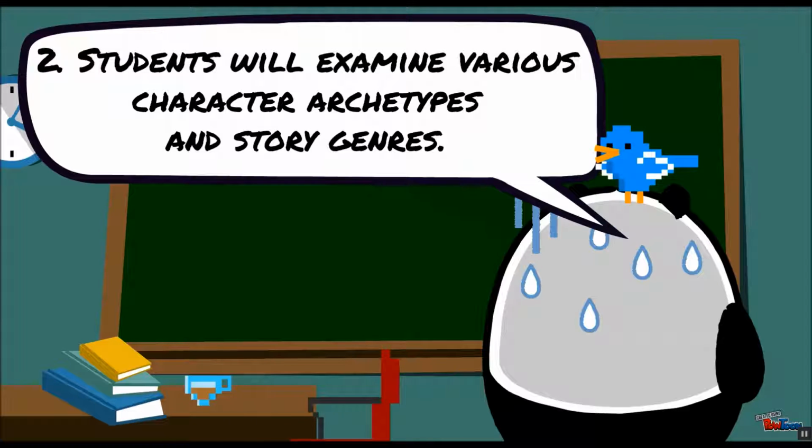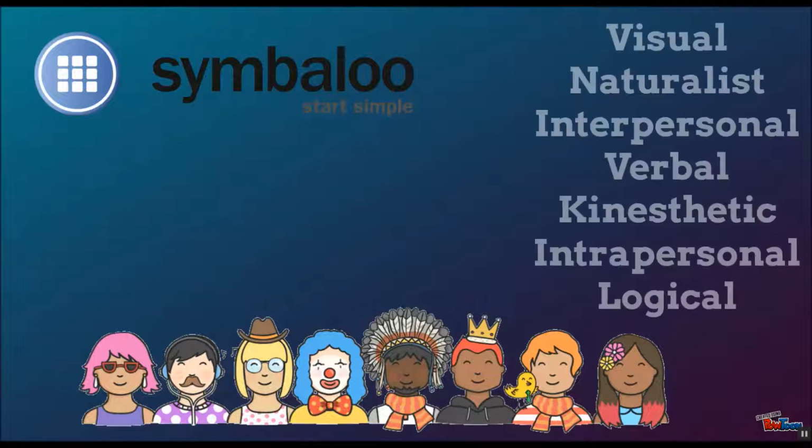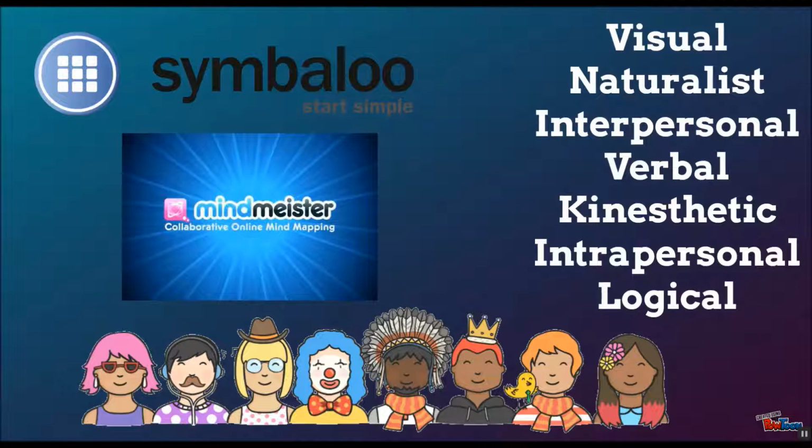Goal number 2. Students will examine various character archetypes and story genres. In order for the students to have a better idea about their original rotoscope animation, they would first need to understand character archetypes and story genres. Resources archived in Symbaloo will be provided for the students to explore and gather information from.